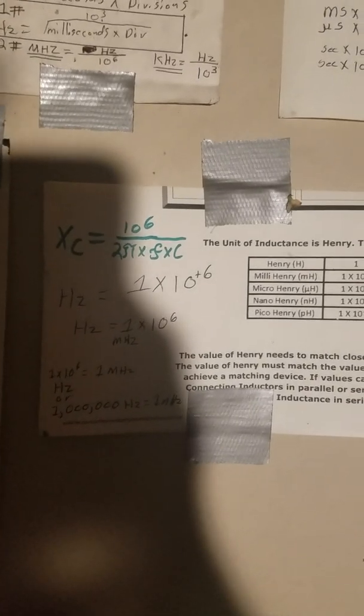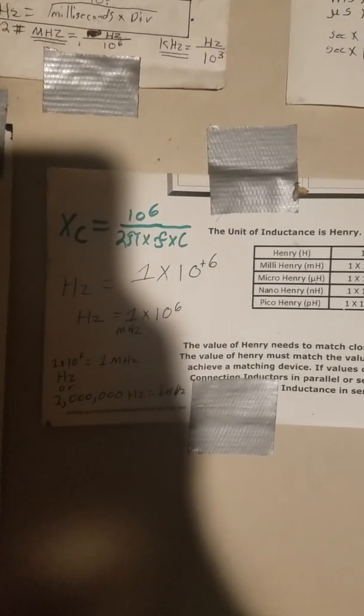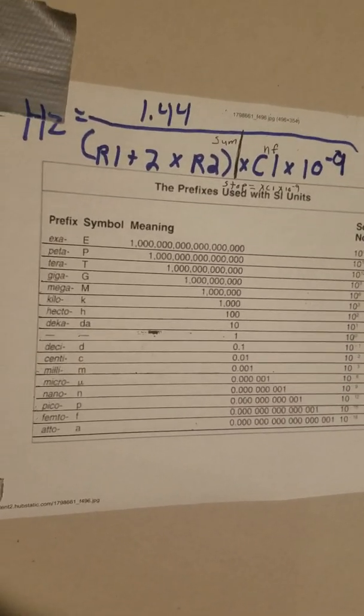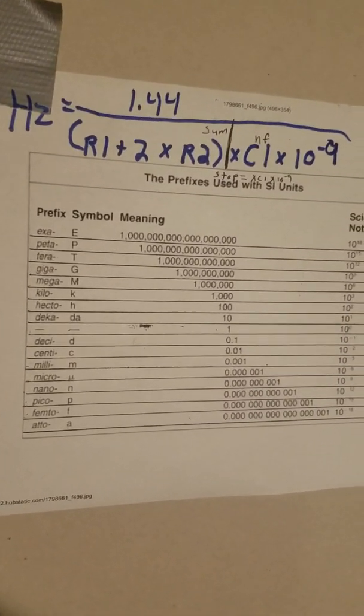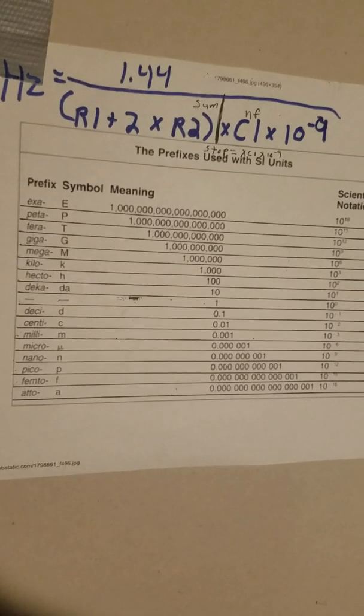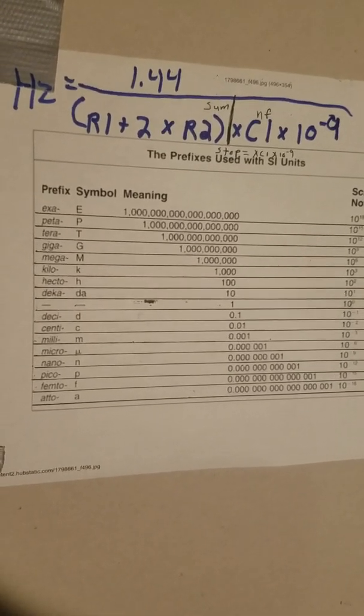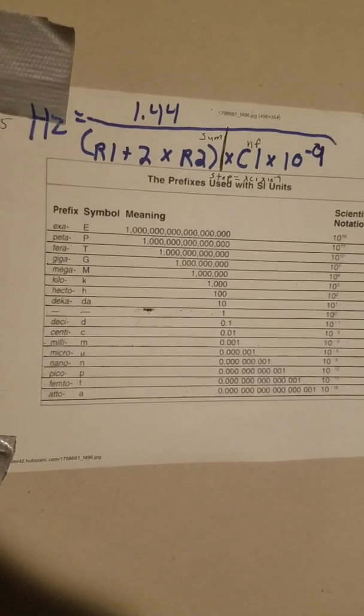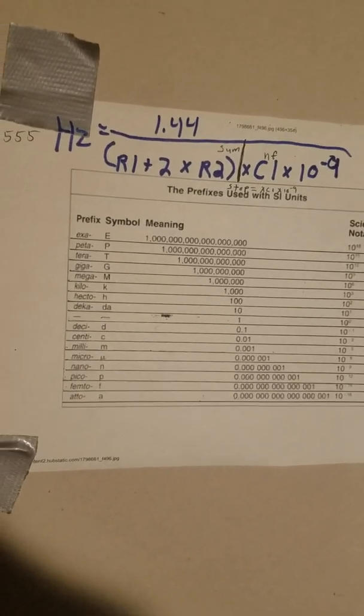That formula is basically one of those that I've already showed you. This is a good chart to have. It keeps you from getting confused. It's a prefix symbol meaning. It's the prefix used with SI units. There are different units, and those are SI units.